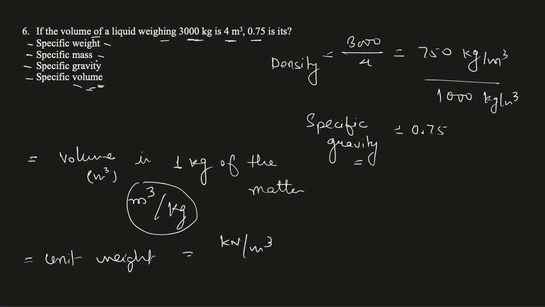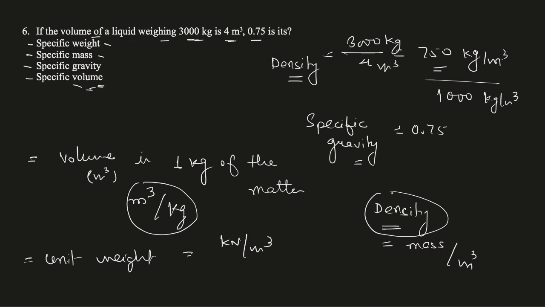If we talk about specific mass, then specific mass is its density, that is the mass of this matter per meter cube of volume. So here we calculated density: 3000 kg was the mass and it was there in 4 meter cube. So per meter cube we found 750 kg of this matter is present. So that is its specific mass or density.